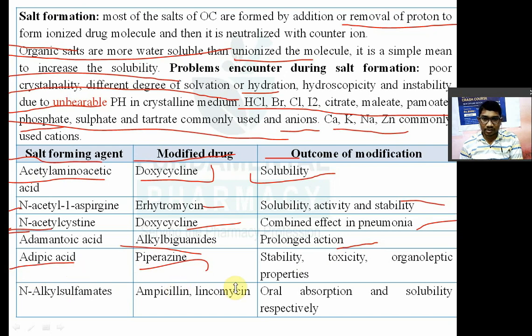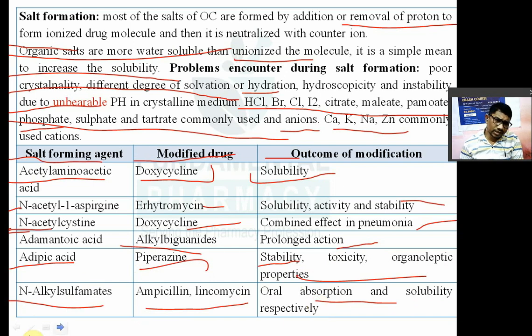Now the stability of piperazine is increased, toxicity is decreased, and organoleptic property is improved. Likewise, ampicillin and lincomycin are converted into salts of N-alkyl sulfamates to enhance oral absorption and stability respectively. So these are examples of salt formation.